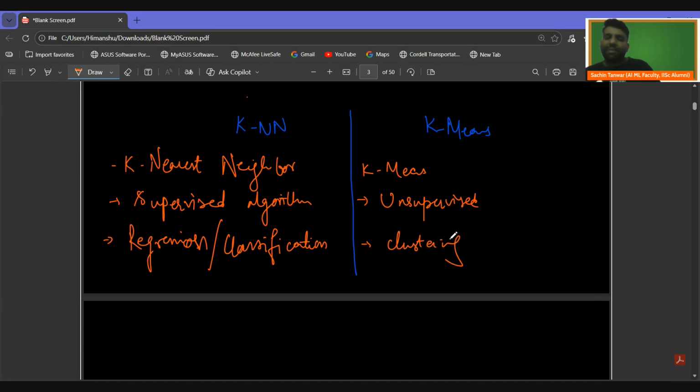What I mean by this is that in KNN, I need some labels. As in the example I talked about earlier, we have a bunch of cat pictures or cat properties and a bunch of dog properties.